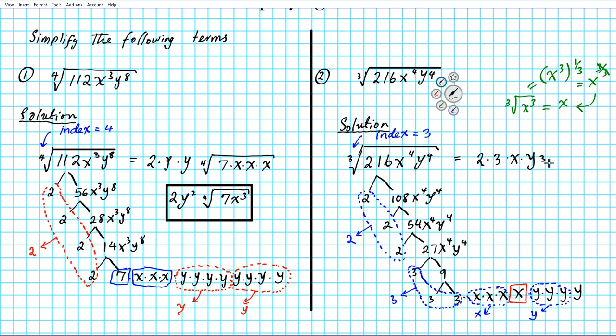And then the radical component, terms that didn't break out because they didn't have enough power, is x times y. So the final answer, its simplified form, 2 times 3 times x times y, is 6xy times the third root of xy. That is the final answer for question number 2.